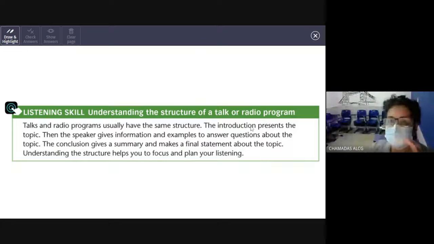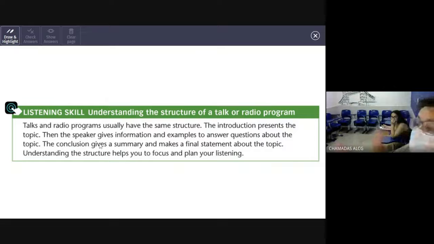There is an introduction, okay? Then the speaker gives information and examples, just like we do when we present a project. When we present a project here, it's similar to a talk. We introduce the topic, then we give information and examples about the topic, right? And then we have a conclusion.